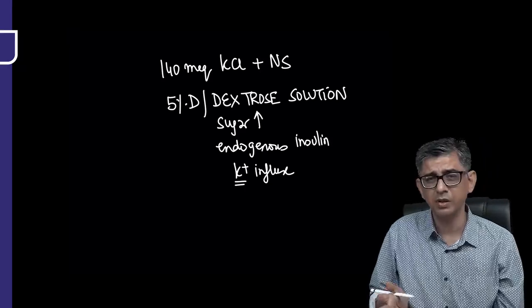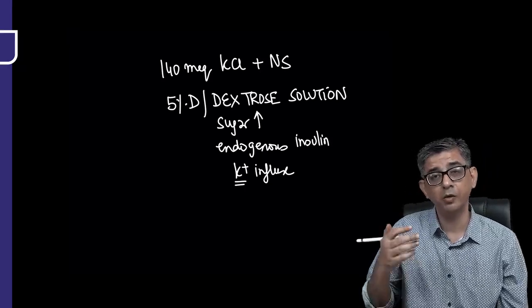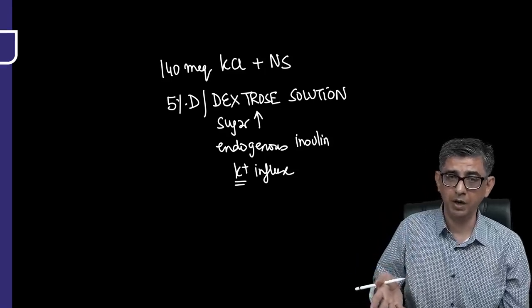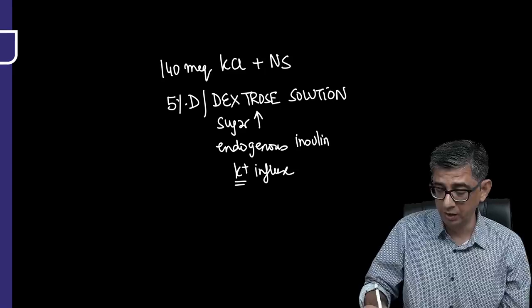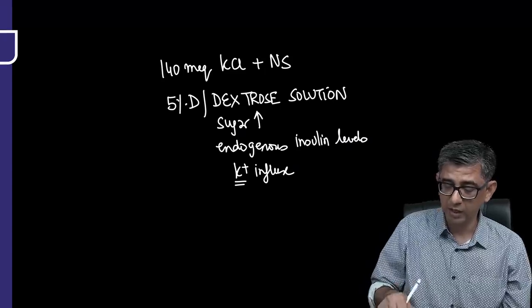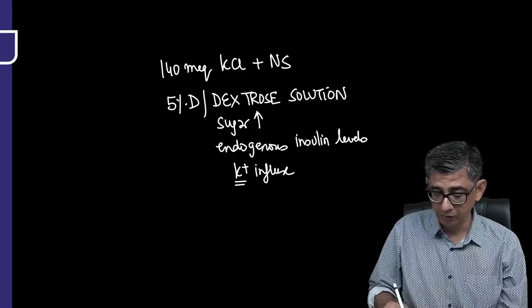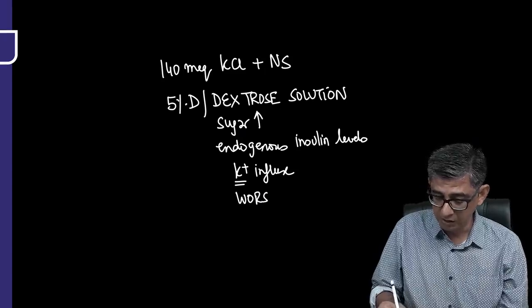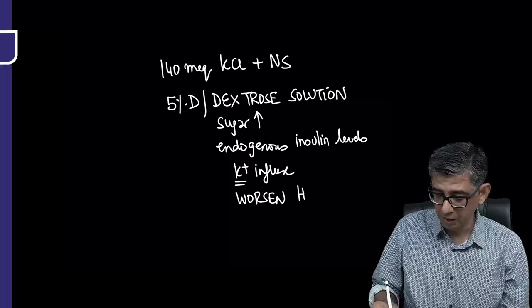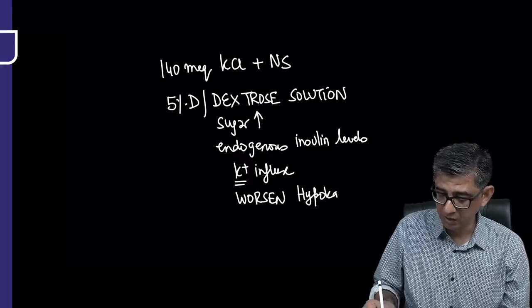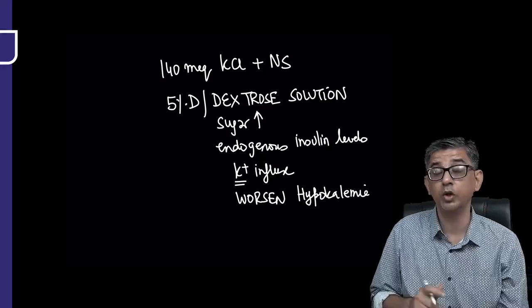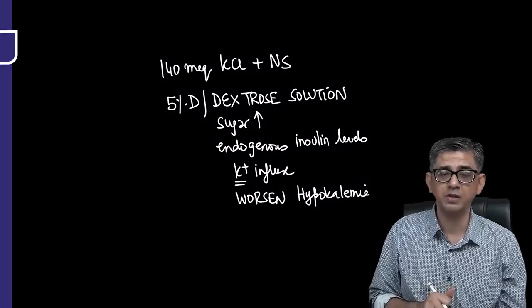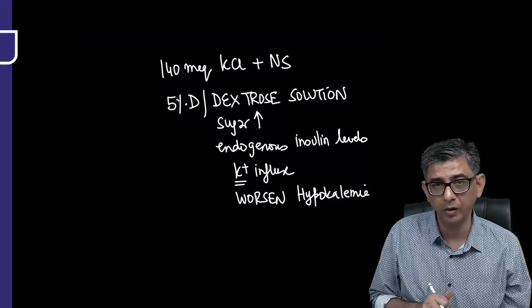Remember, the patient came to us with hypokalemia. And if I'm going to give a dextrose based solution to the patient, I'm going to increase the endogenous insulin levels, and this is going to drive potassium inside the cells, and it will worsen the existing hypokalemia of the patient. If you missed it, I'm going to say this once again, a quick 30 seconds: why should you not give dextrose based solutions to people who have hypokalemia?